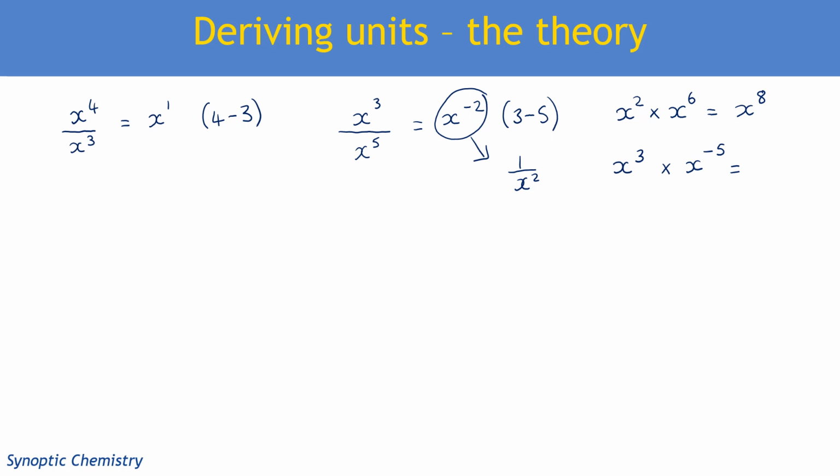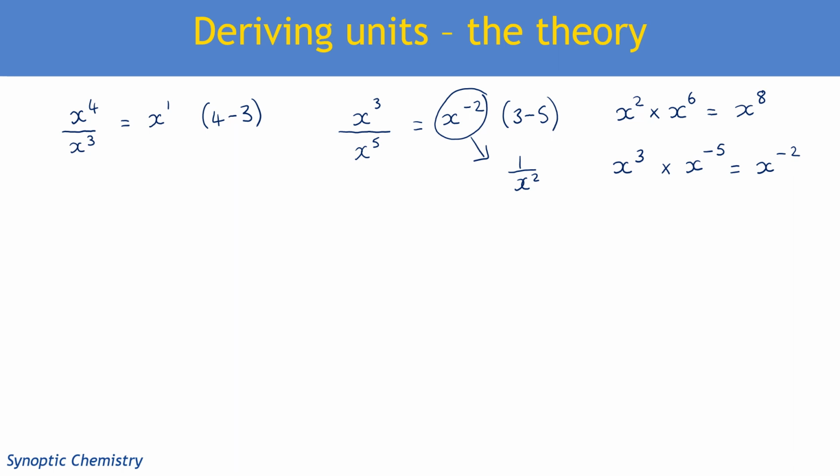So that is going to be 3 take away 5, which is going to be x to the power minus 2. And in fact, x cubed times x to the minus 5 is the same as doing x cubed divided by x to the 5. And that's why I'm doing 3 minus 5.